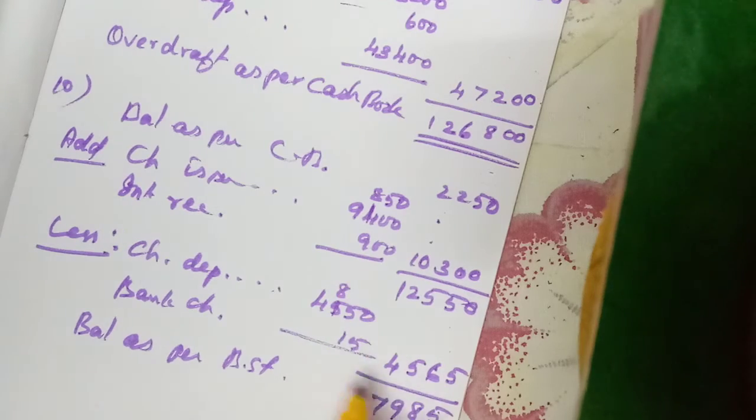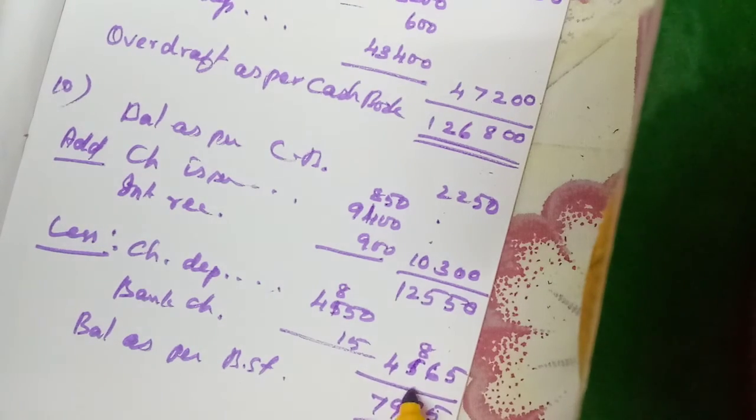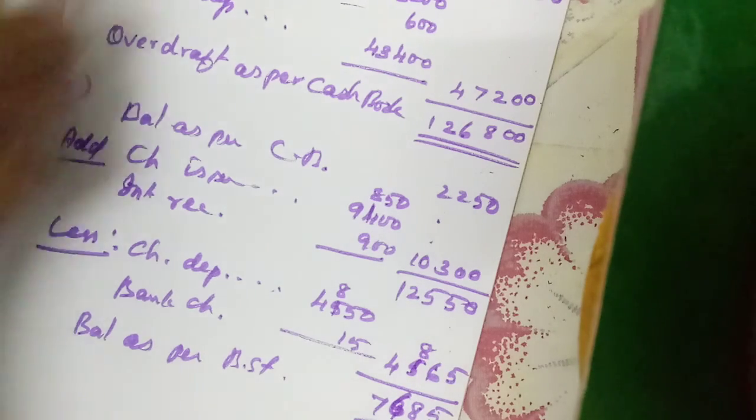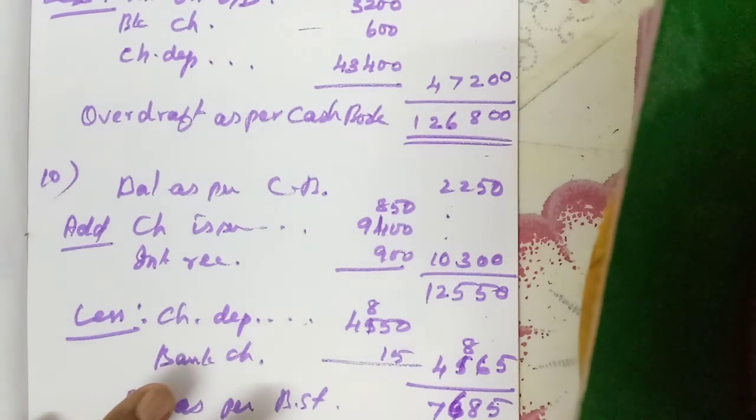Here it is only 800. Then 14 minus 8 is 6. Very good, we have got the answer. Students, complete this one, write number 10 and complete it, and next day I will start the next chapter. Okay, students, thank you very much.